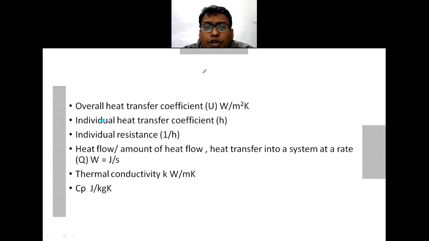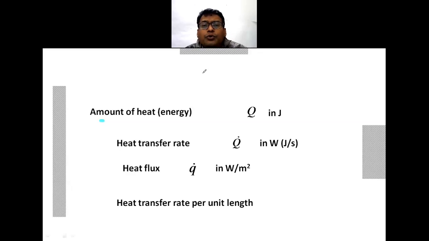Now what are the units? Q is the amount of heat, and it has the unit joules, J. Then the heat transfer rate, Q dot, has the unit watt. It is nothing but joules per second.